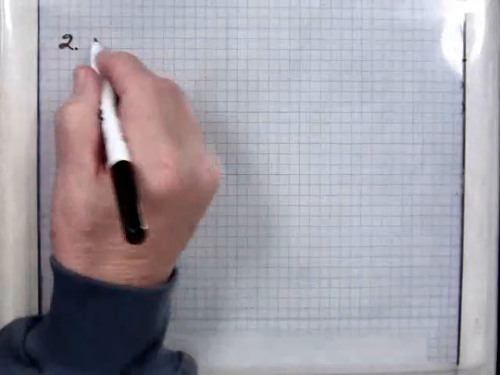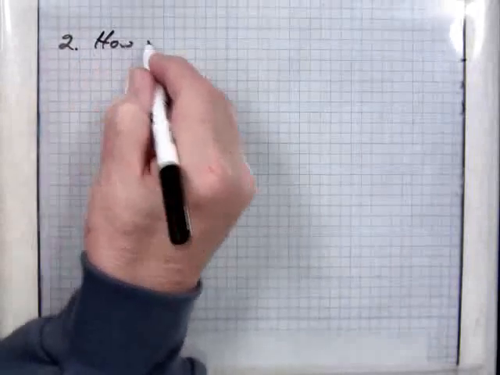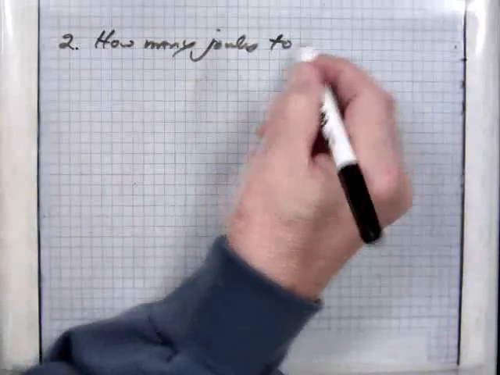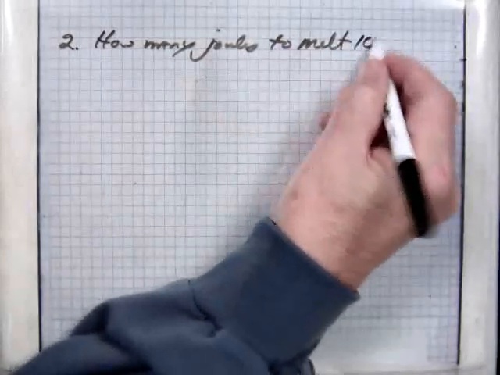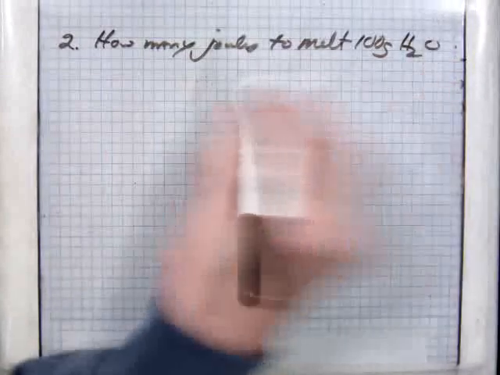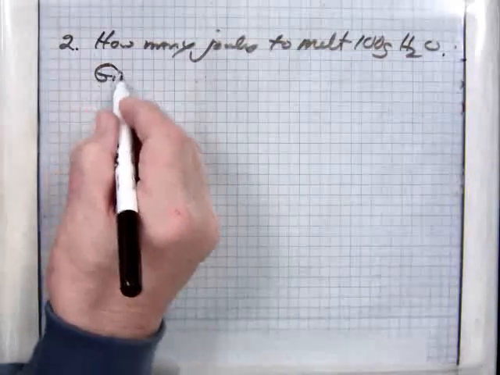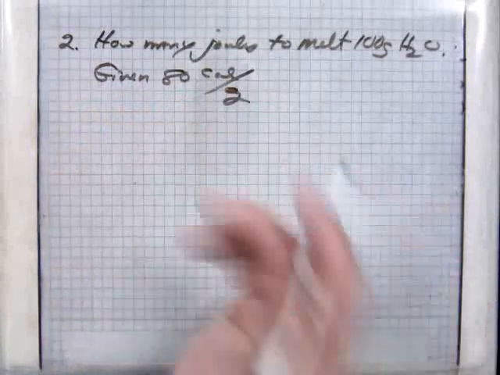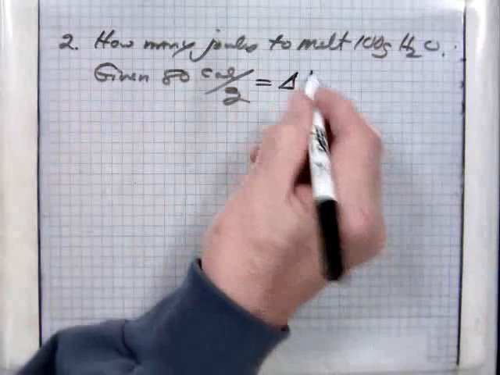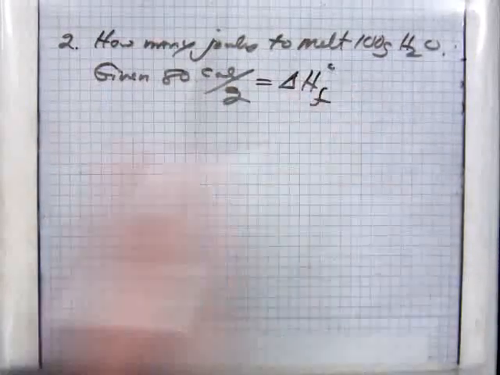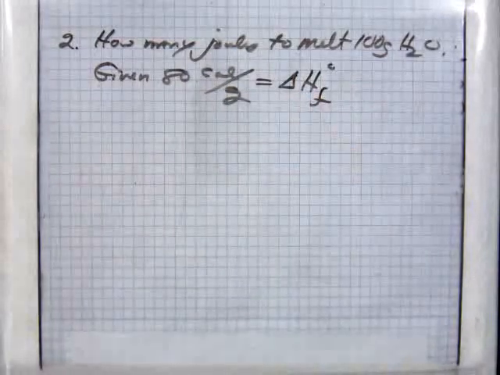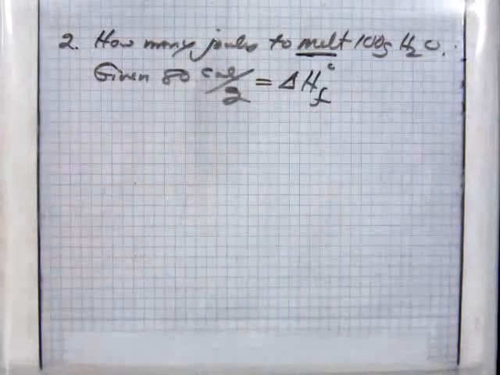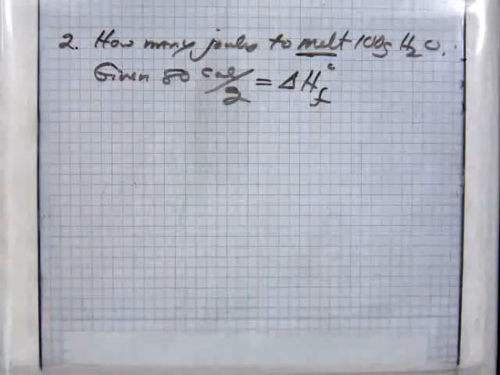Number 2. You'll be given 80 calories per gram as the delta H of fusion for melting of water. Since this is a phase change, melting, will temperature change be involved?